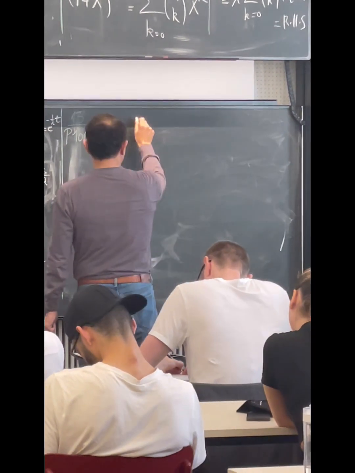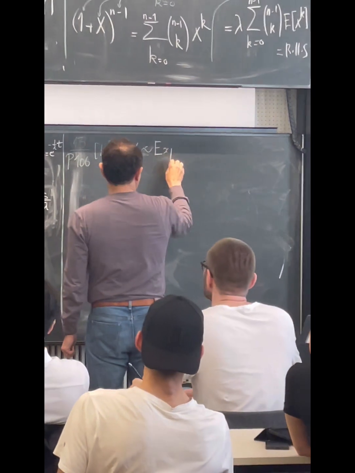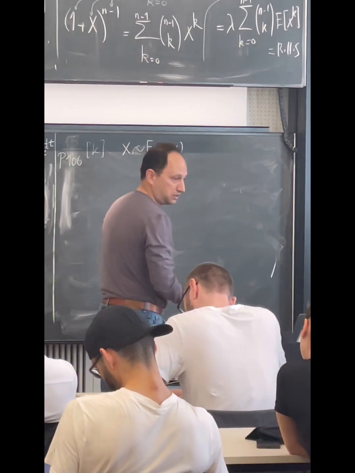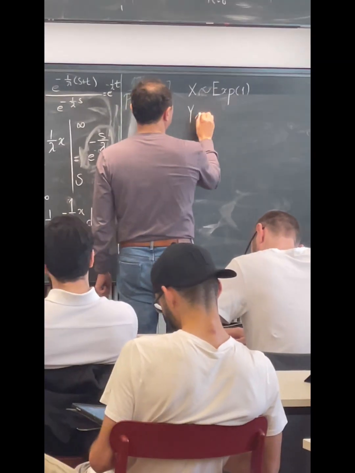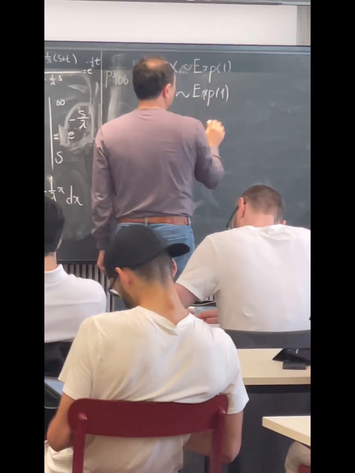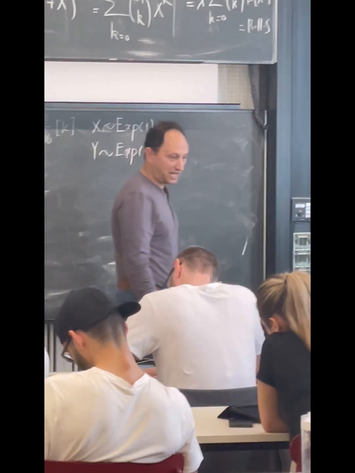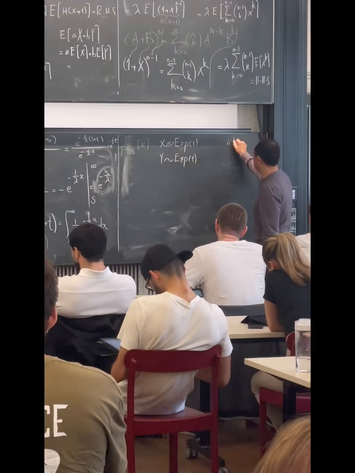So x is exponential with parameter 1. Y is also exponential with parameter 1. And they have mentioned that x and y are independent. Do you know that this is in probability IID?